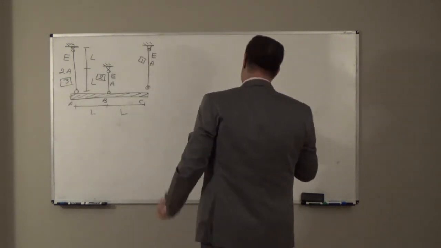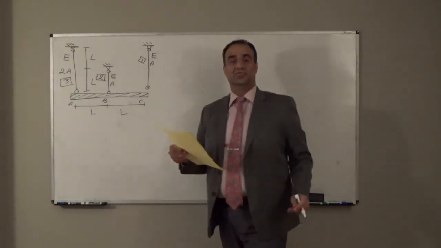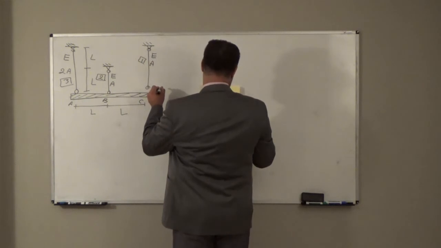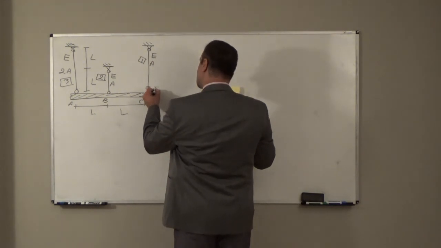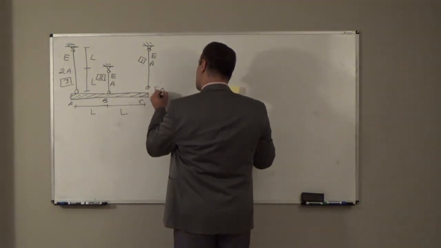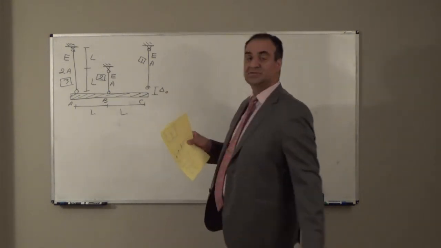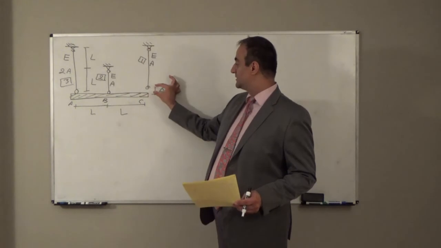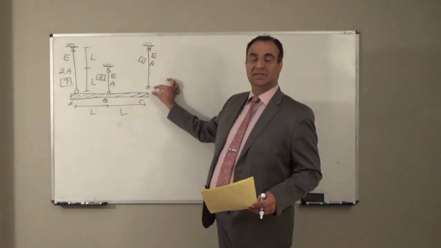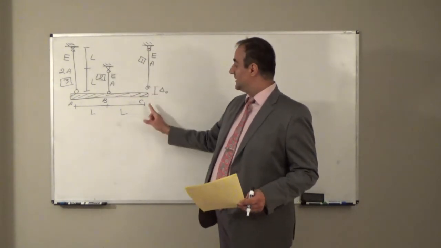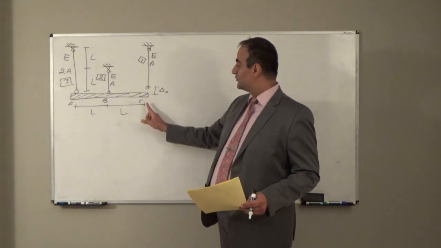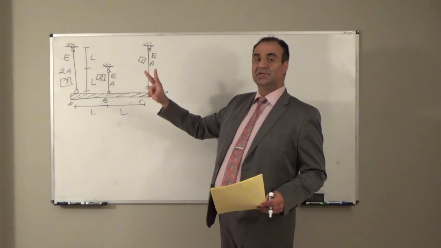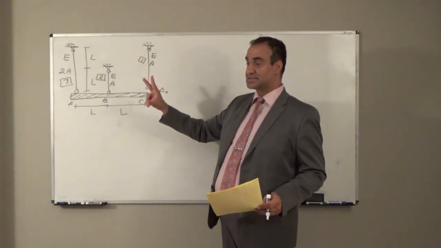This member 1, again, due to manufacturing error, is short. How much is it short? Again, I show with delta naught. It is a known value. For example, if this is 2 meter, this is 2 millimeter or 1 millimeter. Again, we pull down this, we pull up the point C, we attach together, and then we release this system.